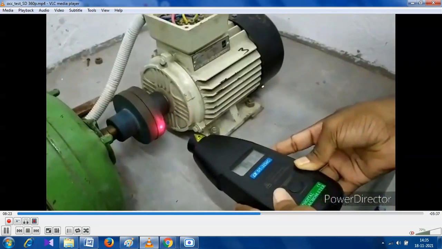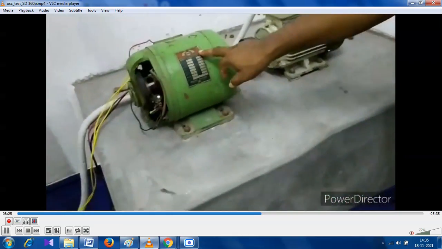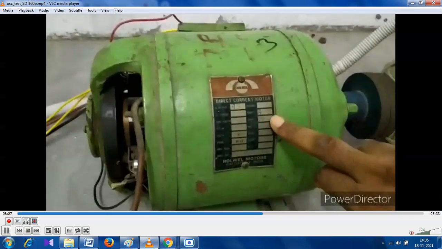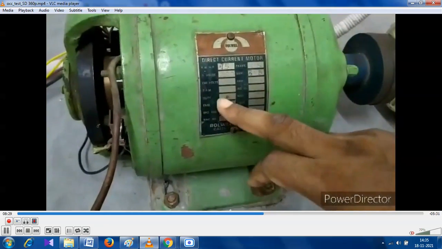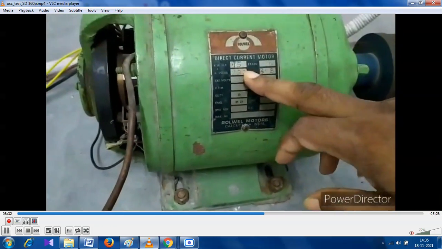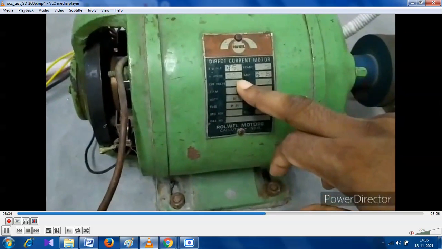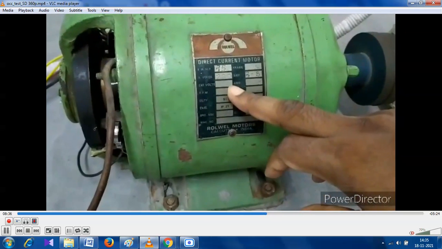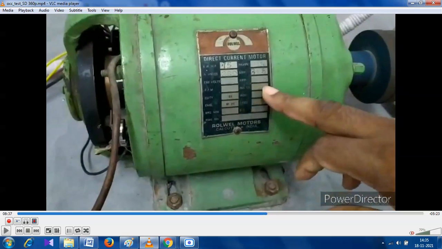In this process we got the readings. And what are the readings? This is basically the nameplate of the DC generator.